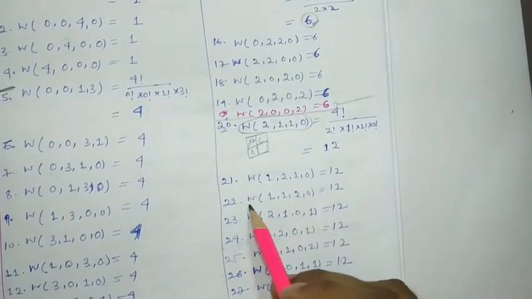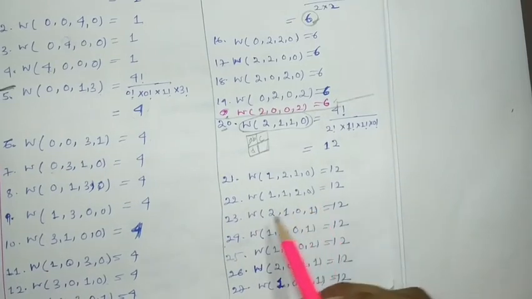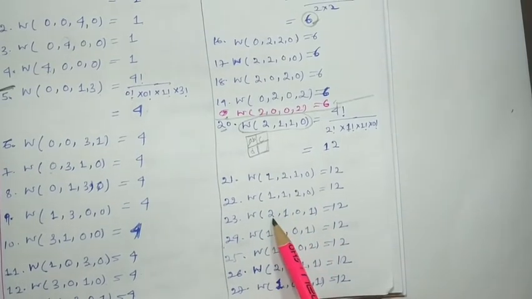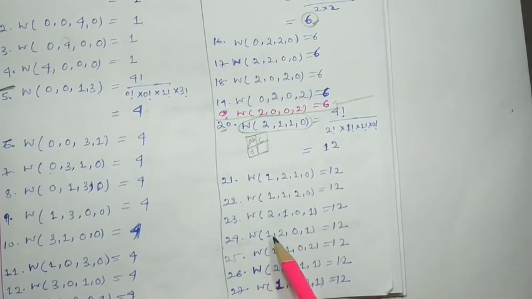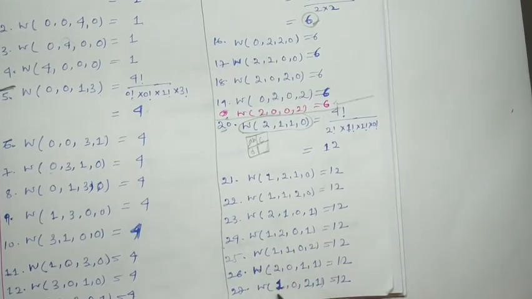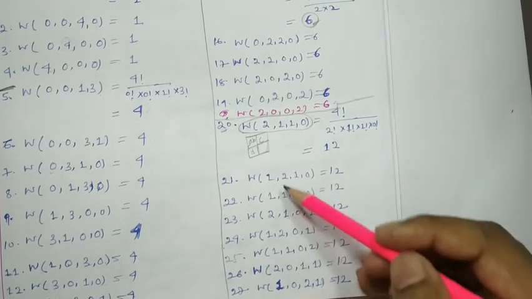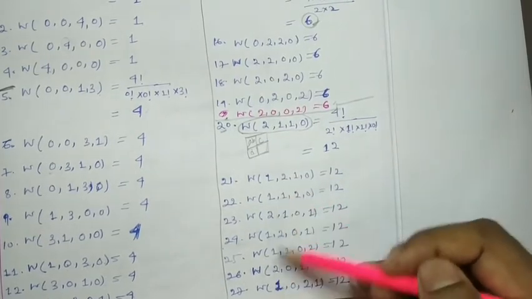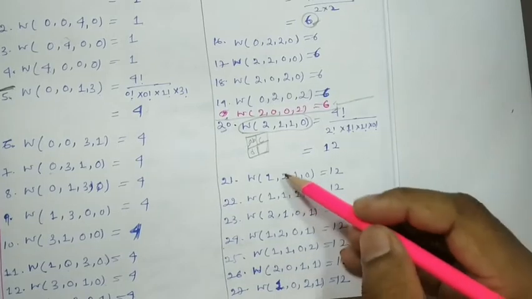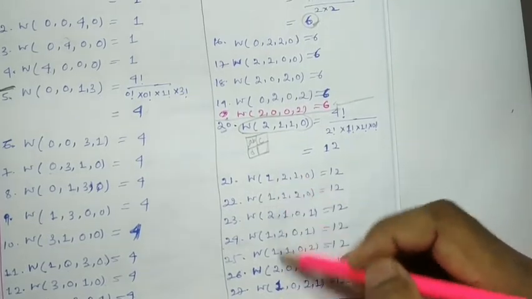W(1,2,1,0) can be possible, W(1,1,2,0) can be possible, W(2,1,0,1), W(1,2,0,1), W(1,1,0,2), W(2,0,1,1), W(1,0,2,1). These are all different macrostates.